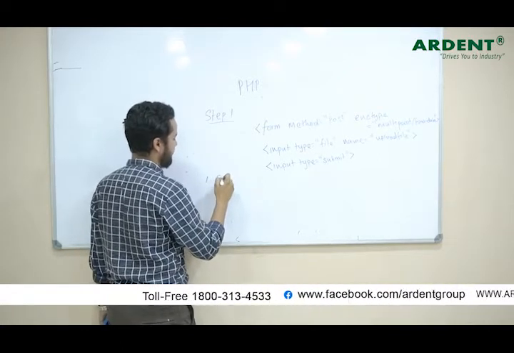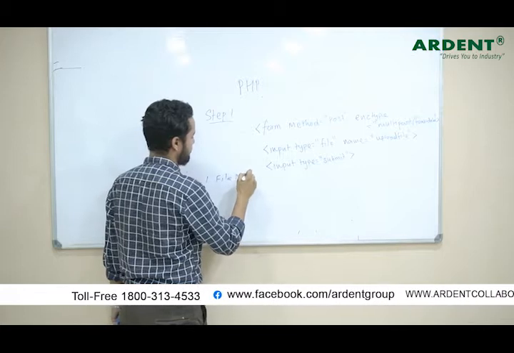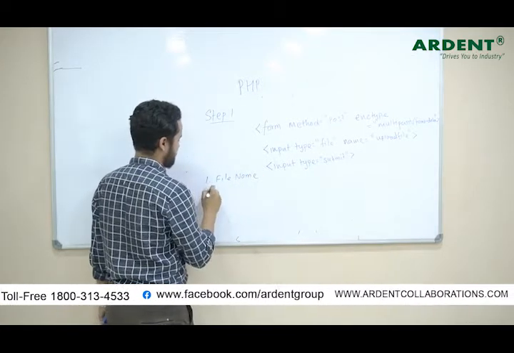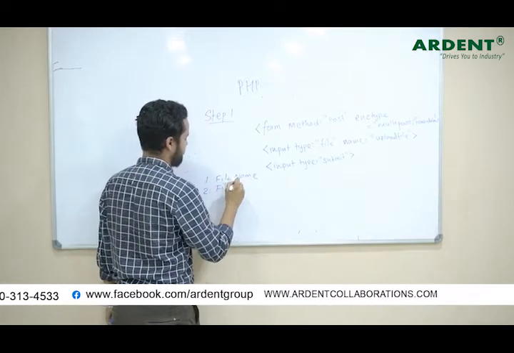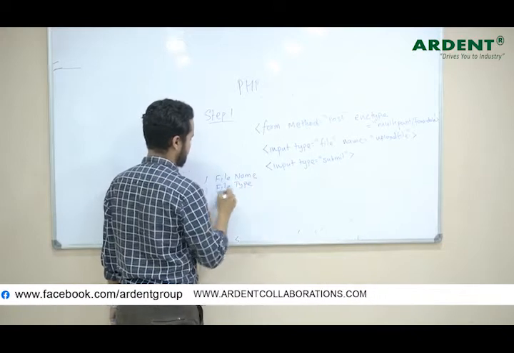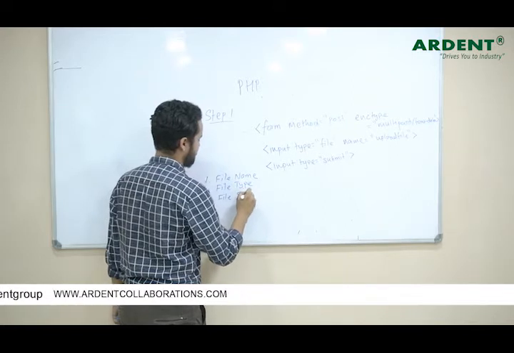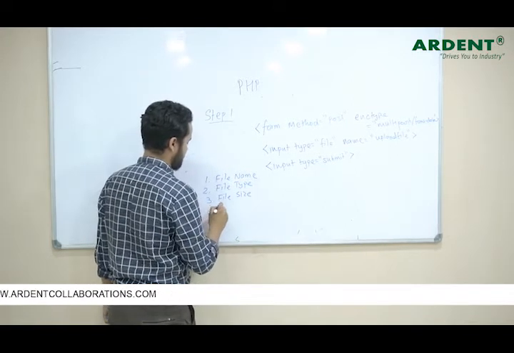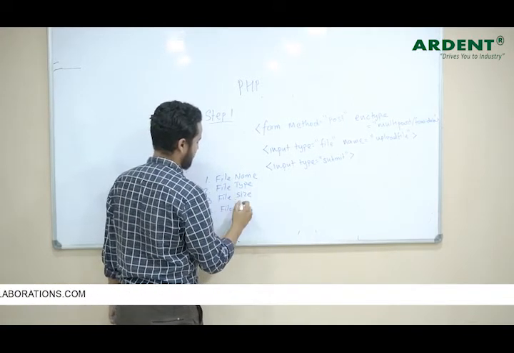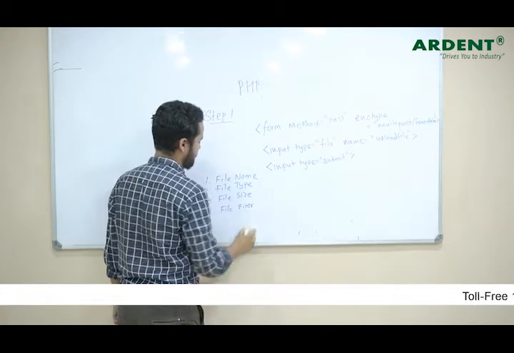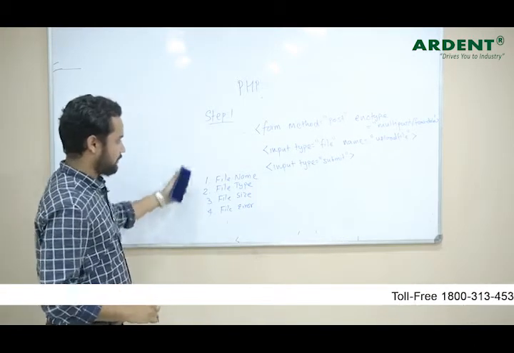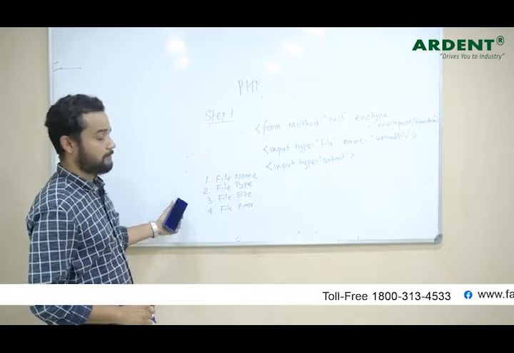So there are basically 4 things which we need. One is the file name, the file original name. Second is the file type. Third is the file size. And fourth is the file error. These 4 things we can get from the browser.